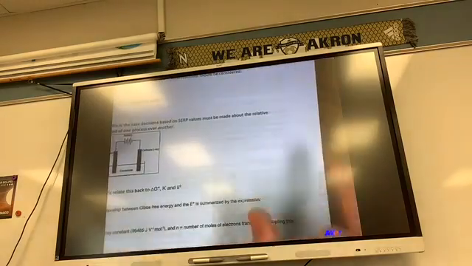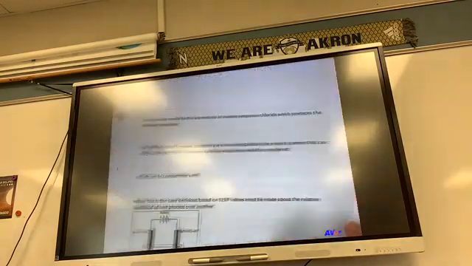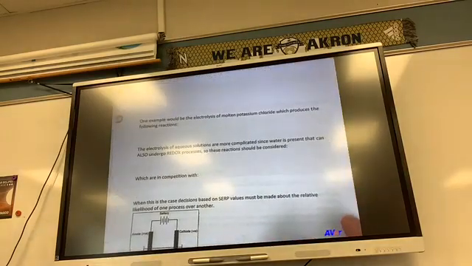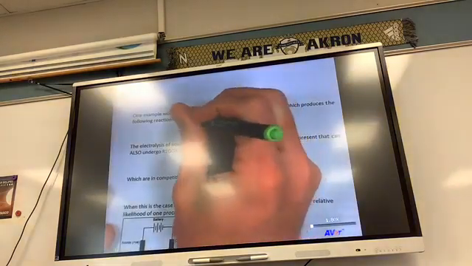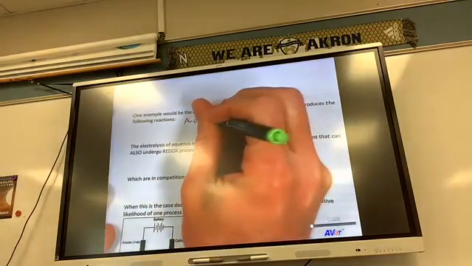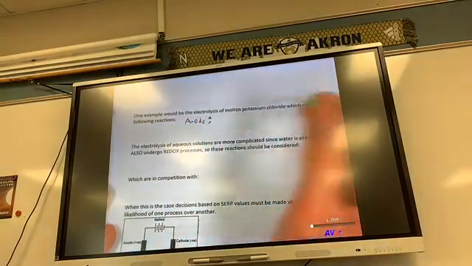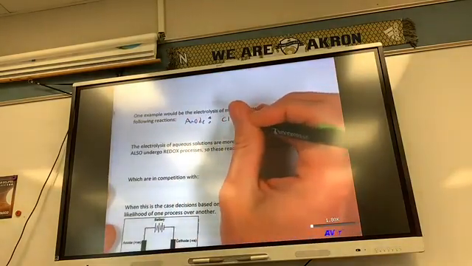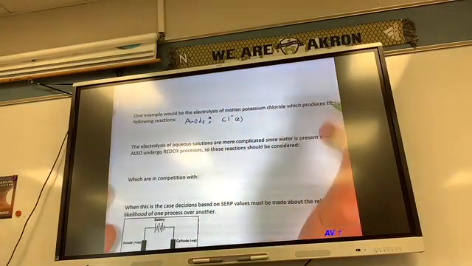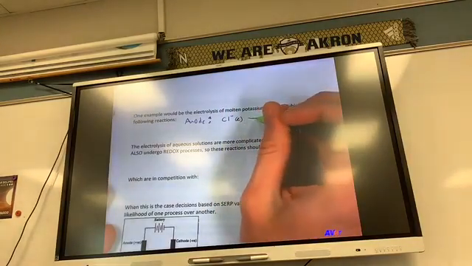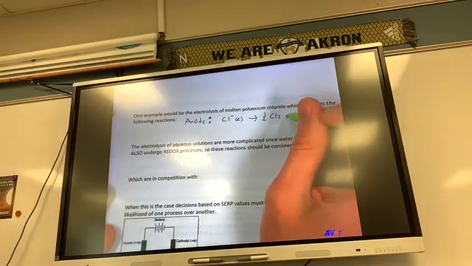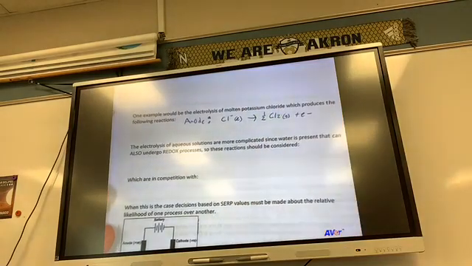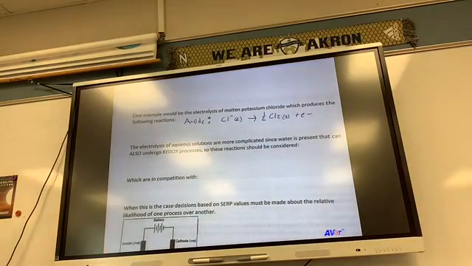Okay. So one example would be the electrolysis of molten potassium chloride, which produces the following reactions. So here's the anode. So at the anode, I have chloride ion, which is a liquid. That makes 1/2 Cl2 gas plus an electron.